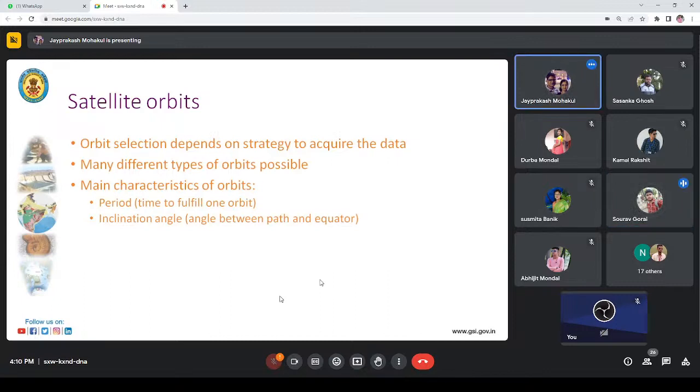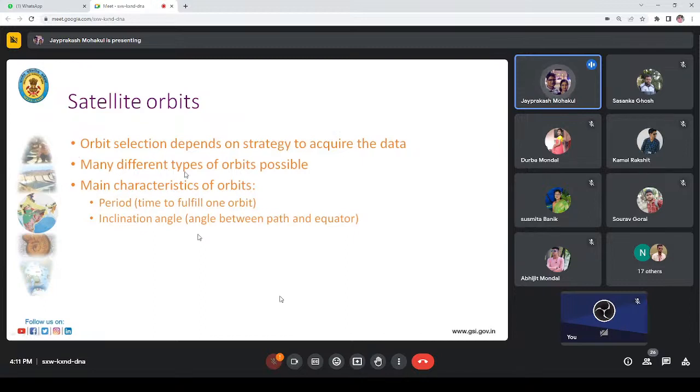So for all practical purposes, the moon is a natural satellite, right? So it moves around the Earth, and it has an orbit, no? Yes, sir.